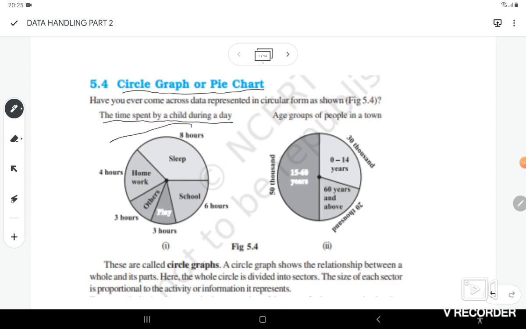From the figure you can clearly see it's a 24-hour day, represented using a circular chart with different sectors and the relationship between the whole chart and its parts. Basically, we divide the complete circle into different sectors, and each sector represents a different type of activity or the information we want to represent.